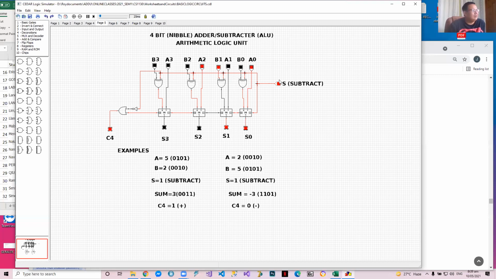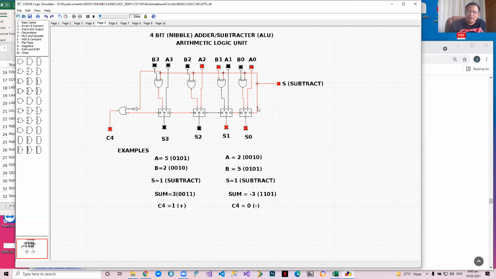Do you follow? No? Because it's just as it is, no? The B's are retained. When subtract is low, nothing is added to the first adder because it's just adding 0. But when subtract is high, the B's are converted into 1's complement, and the additional 1 is accepted as the first carry, thereby adding a 1 after the 1's complement of B is added to A, which means that the additional 1, it doesn't matter when you add the 1, no?